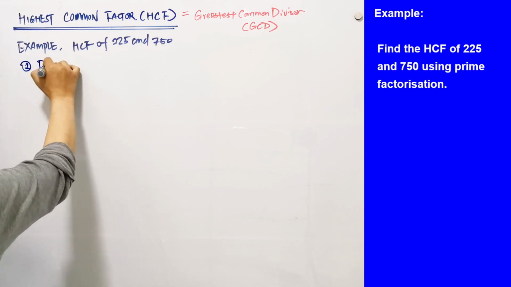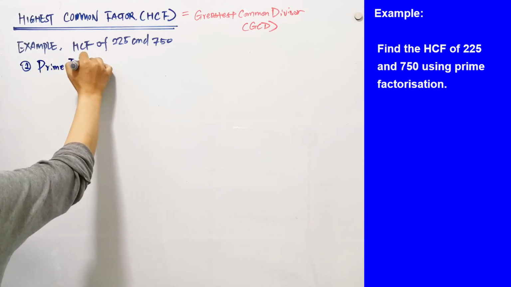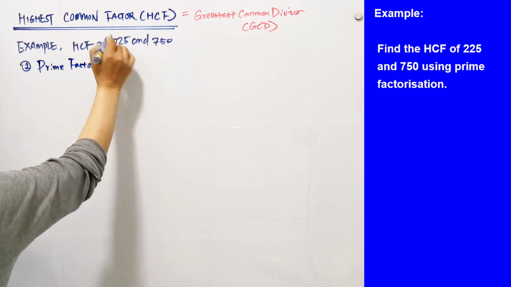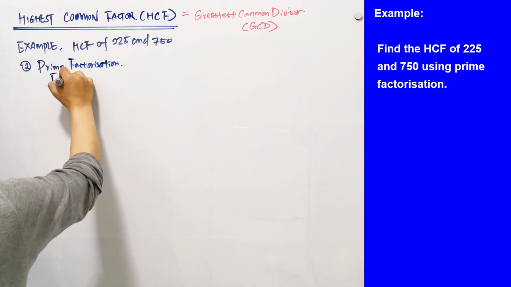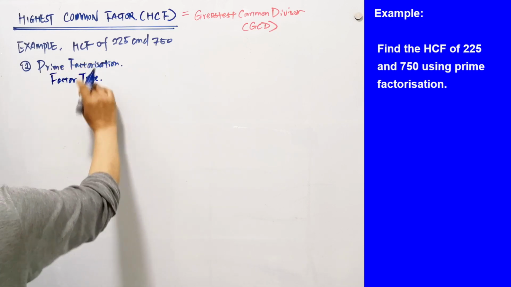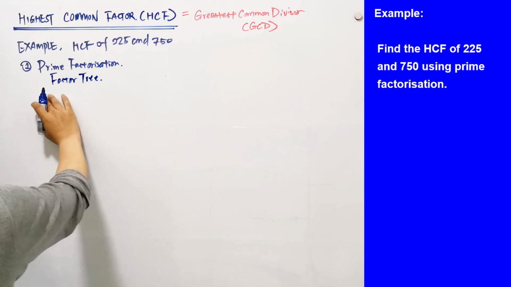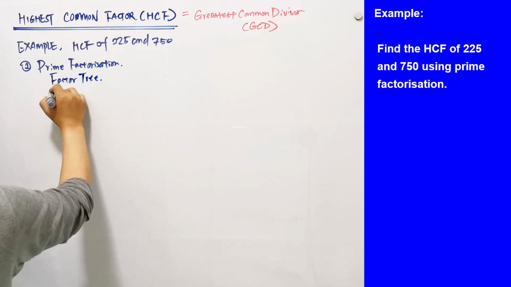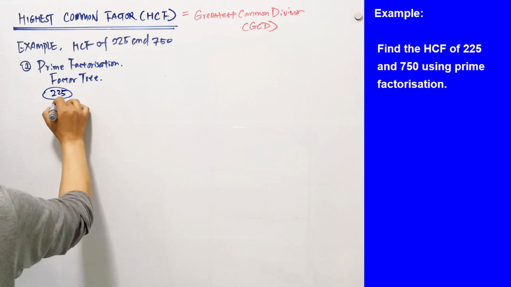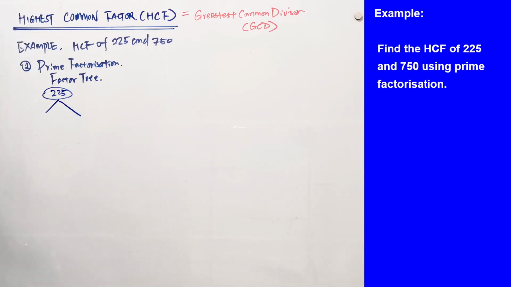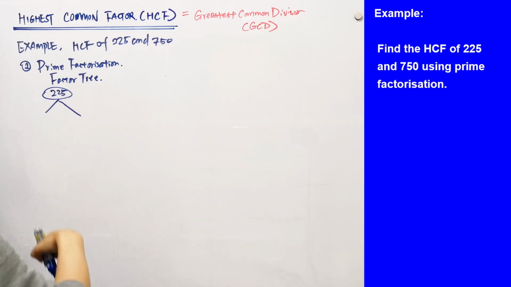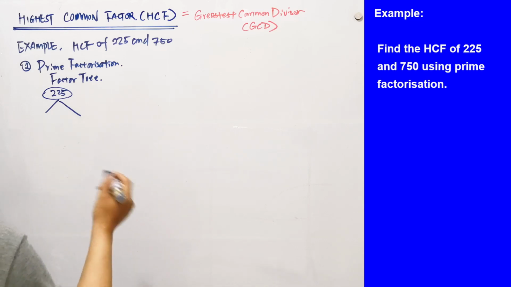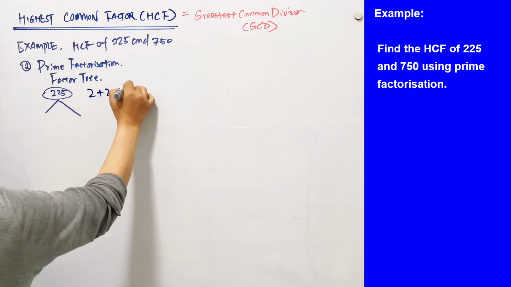Prime factorization. How do we use that? We can use the factor tree. So 225. How do we find it? We recall that if the sum of all the digits of a number is divisible by 3, then the number can also be divided by 3. So 2 plus 2 plus 5 equals 9, right?